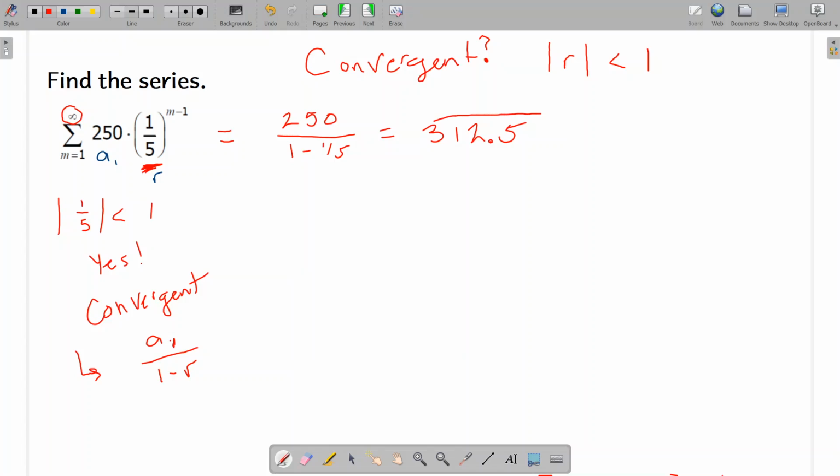So that means that if you take an infinite number of terms from this sequence, starting at the first up to the infinite term, if you add those all up, the value of that sum is going to converge, meaning it's going to get really, really close to 312.5 here.